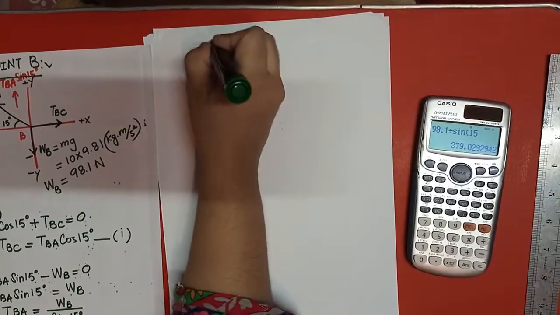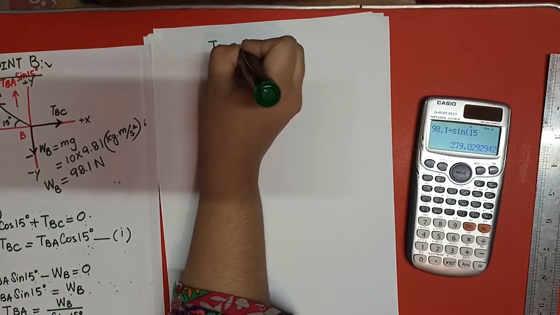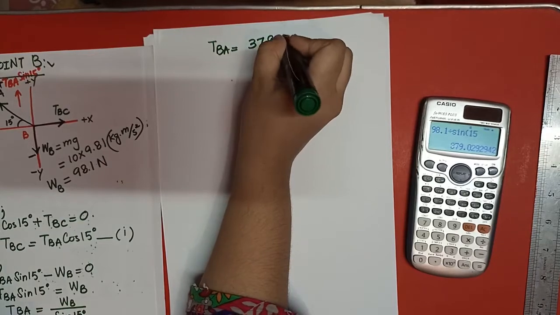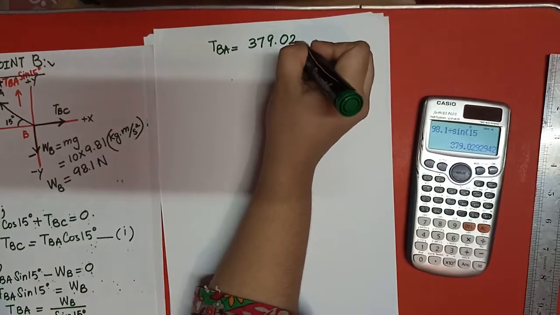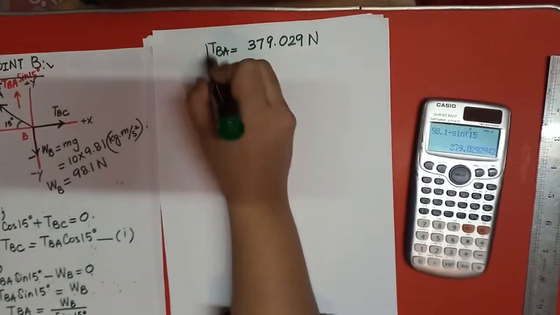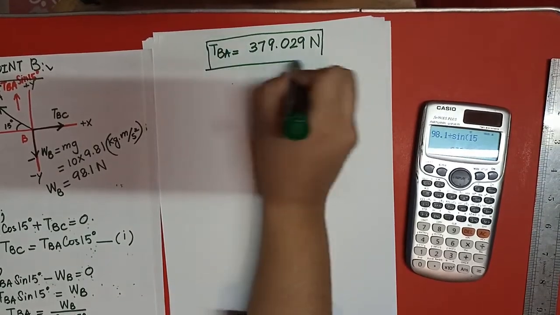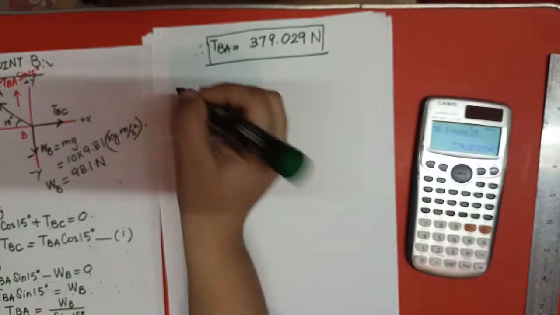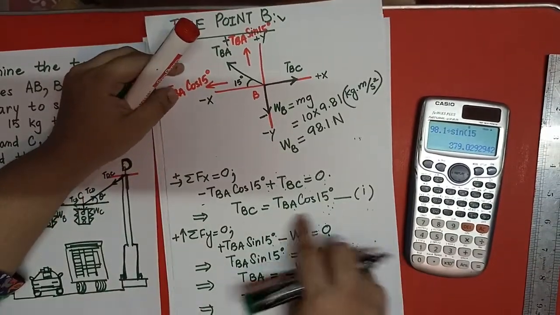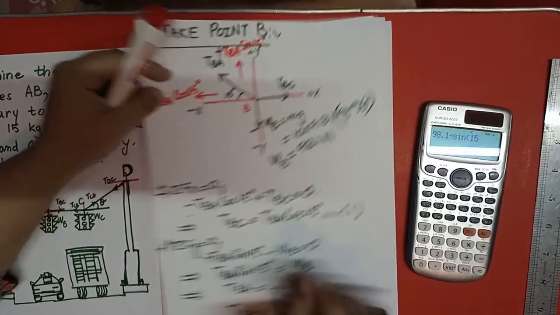So TBA comes out to be 379.029. You can also write 03 as well. It will be in Newton. This is the value of TBA we have calculated. Now put this TBA value in equation number 1, and then we will get TBC from here.